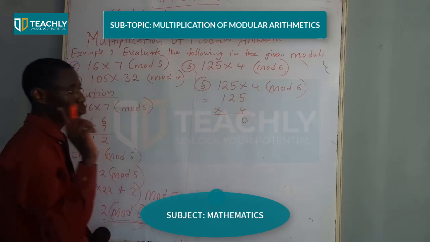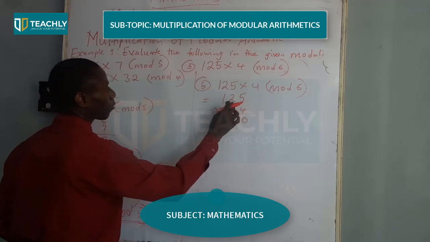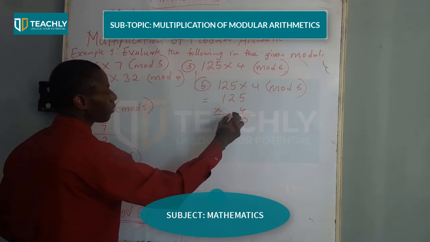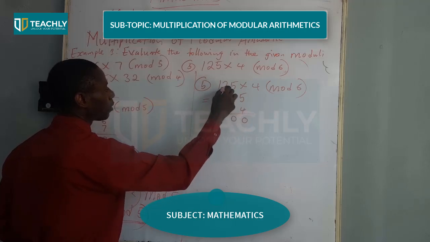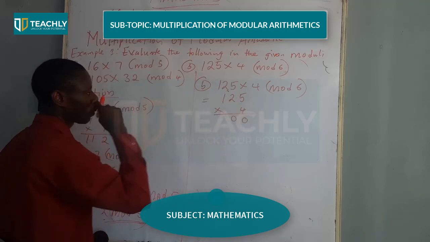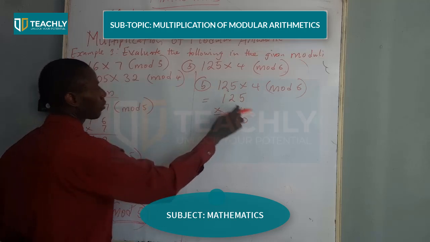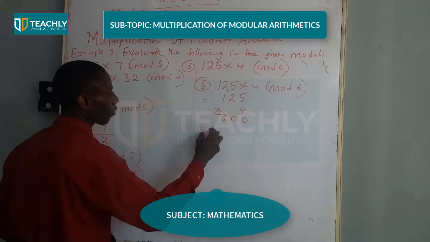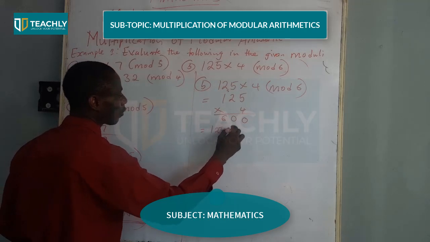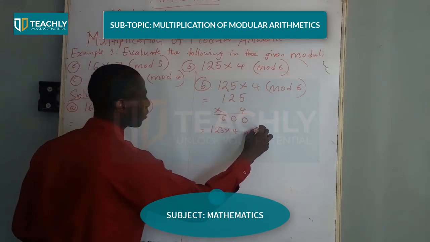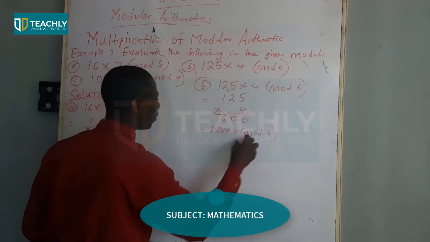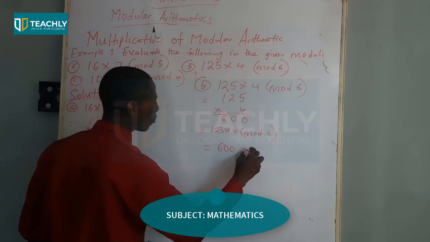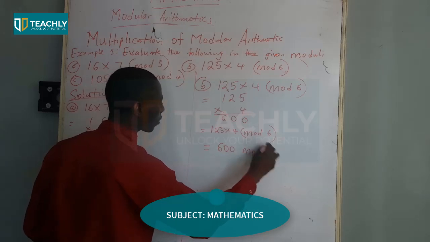You keep 2. 2 times 4, we have 8, plus 2 here, we have 10. So you keep 1 again. 1 times 4, we have 4, plus 1, we have 5. So that means you can say 125 times 4 modulo 6 will be the same thing as 500 modulo 6.